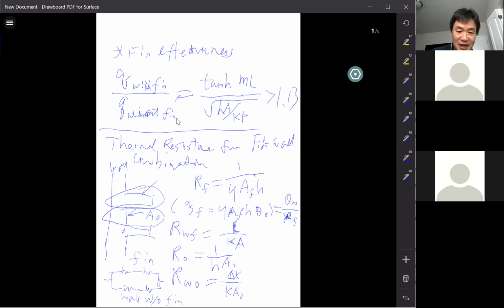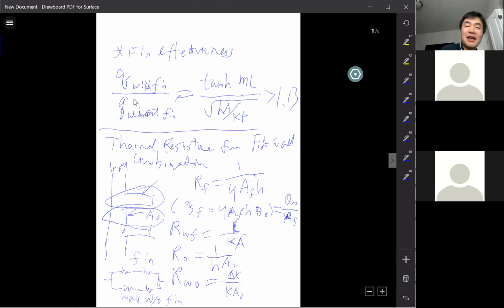So now you need to use this circuits idea, thermal resistance. There are a lot of components here and it's complicated, but with the thermal resistance idea, with the circuits, it's kind of straightforward. That's the total heat transfer when you add the fin. Then compared to without the fin, you will have your effectiveness calculated.